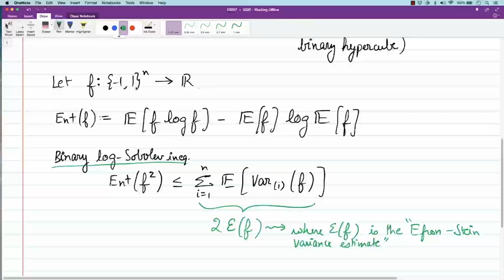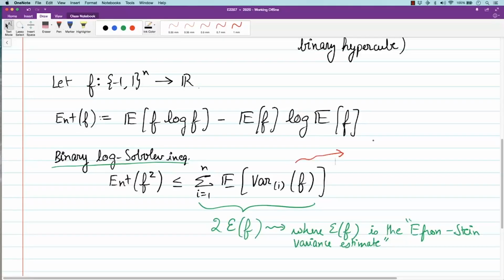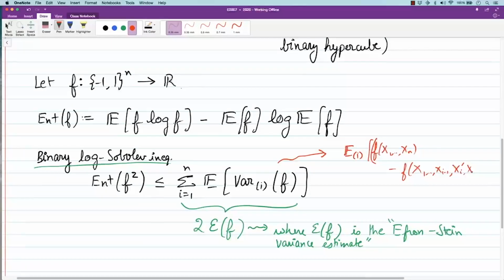If you recall your Efron-Stein inequality, this quantity can be written as the expected value given all the past of f of x1 to xn minus f of x1 to x(i-1), replace xi with the ith independent copy, and x(i+1) to xn, square of this.